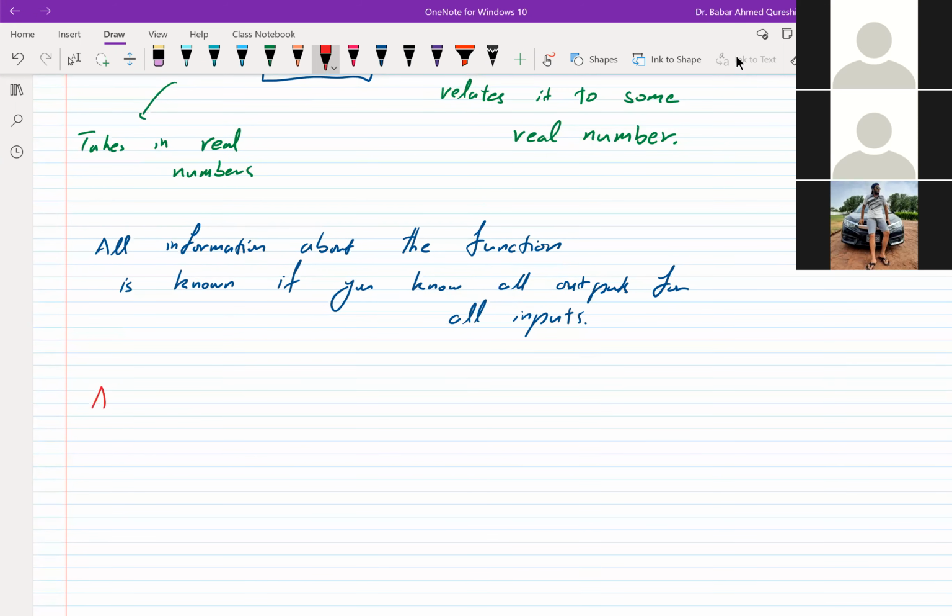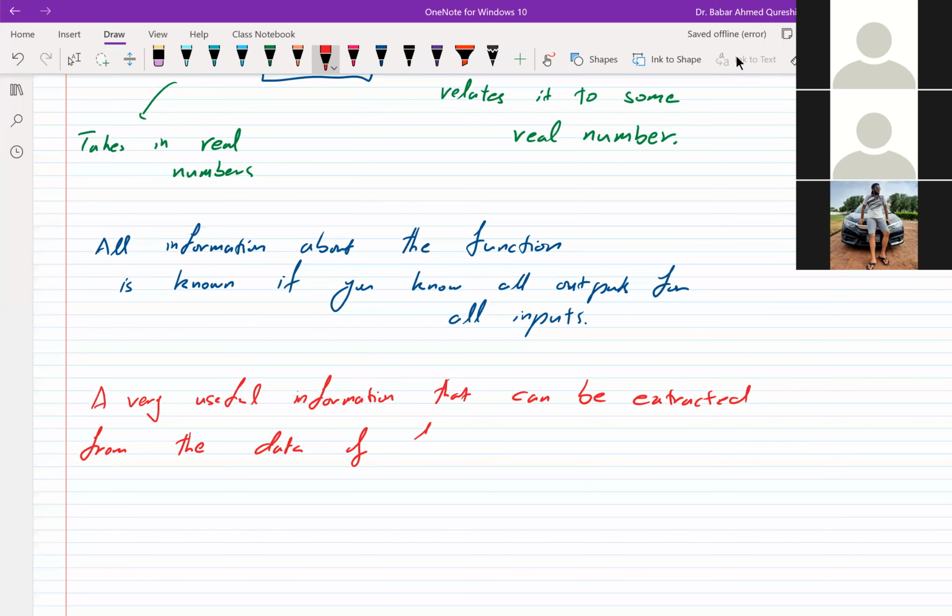So a very useful information that can be extracted from the data of the function. By the data, I mean input and output relations.